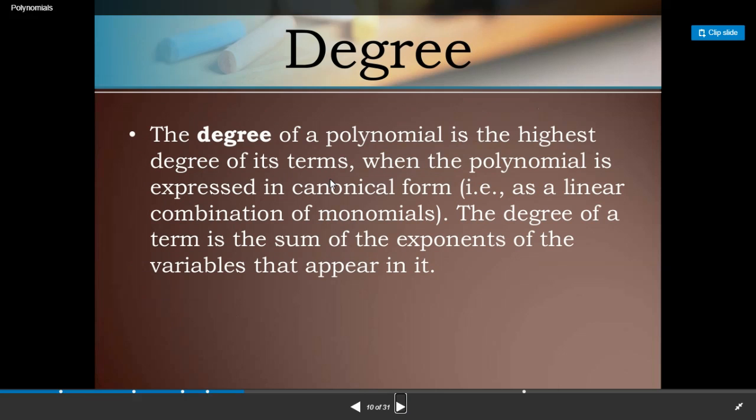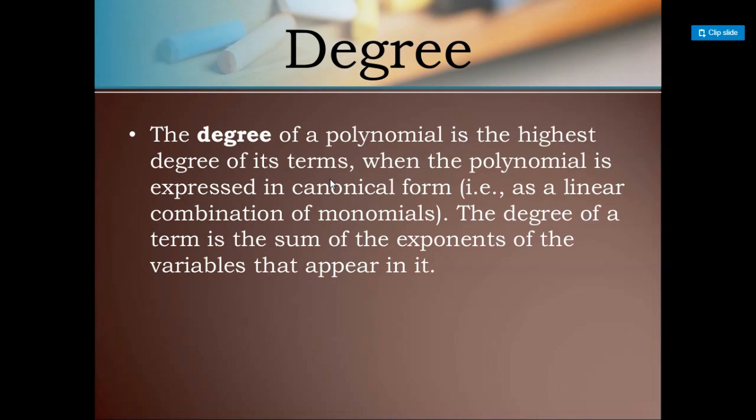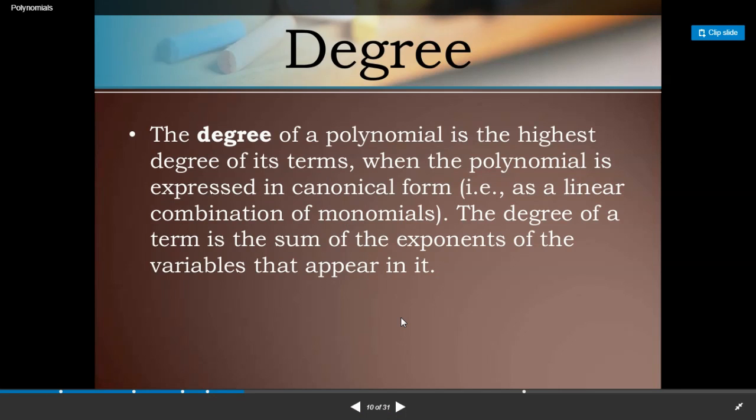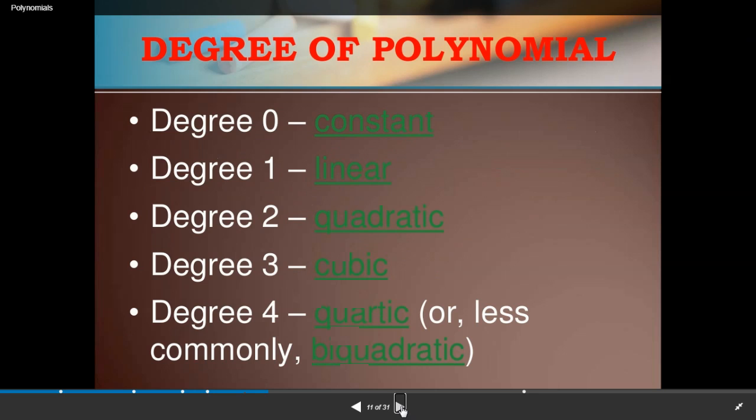Now, the degree of a polynomial is the highest degree of its terms. When the polynomial is expressed in canonical form, that is as a linear combination of monomials, the degree of a term is the sum of the exponents of the variables that appear in it. When the degree of the polynomial is 0, it is considered constant.